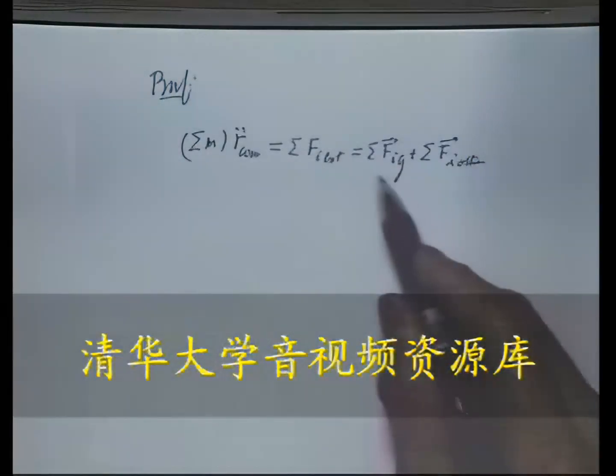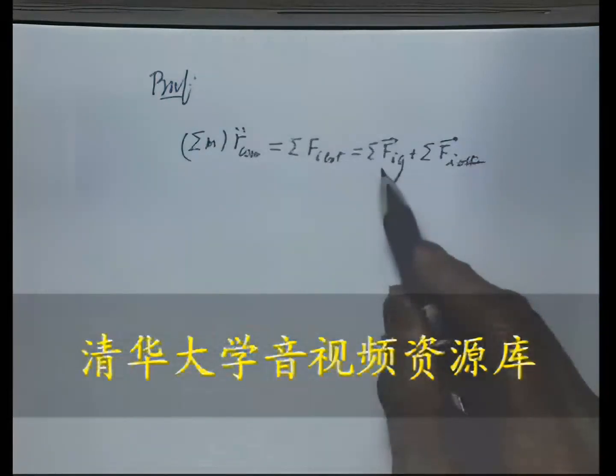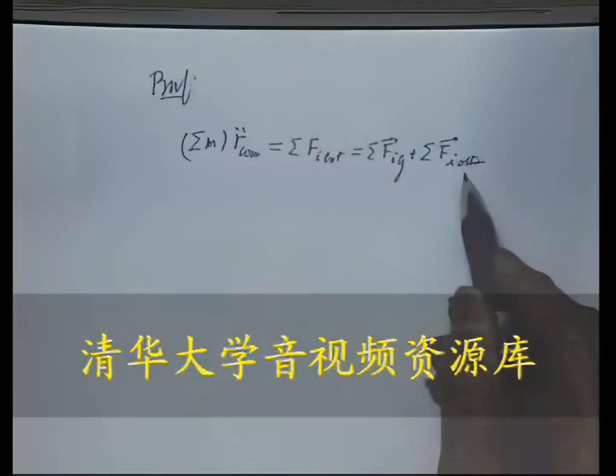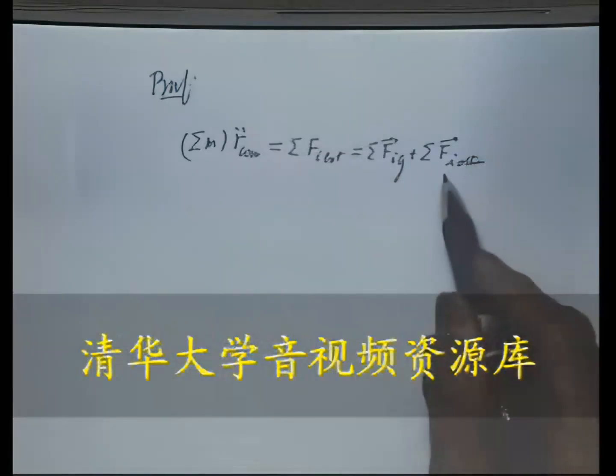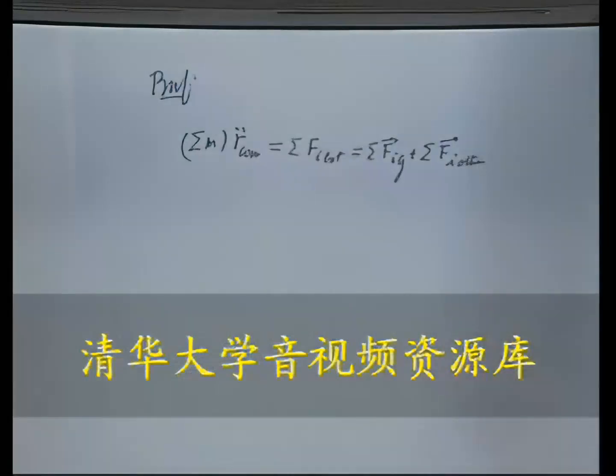So I separate and write this. This is the gravitational force on the ith particle. This is all the other forces on the ith particle. So I separate the gravitational force from the non-gravitational force.